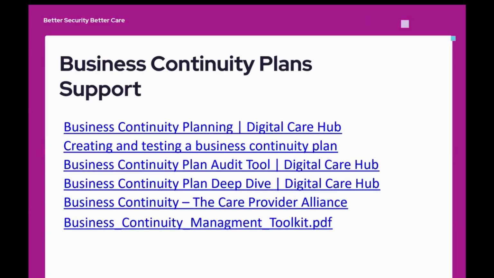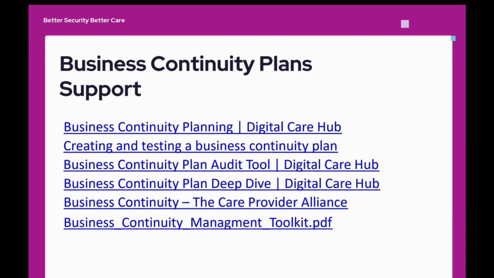And what we've got when building a business continuity plan is lots of supports and links. So on the call, we had both Felicity and Nicole and myself. I'm a local support officer for the Lincolnshire area. Nicole and Felicity can support with both Nottingham and Nottinghamshire, Derby and Derbyshire, and I'm also the East Midlands regional coordinator.